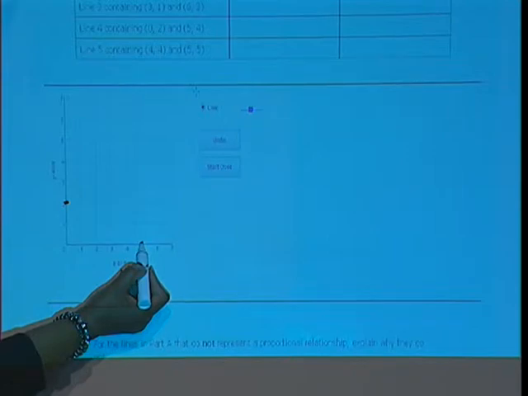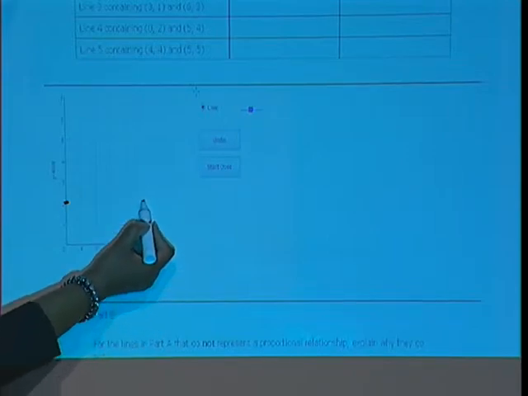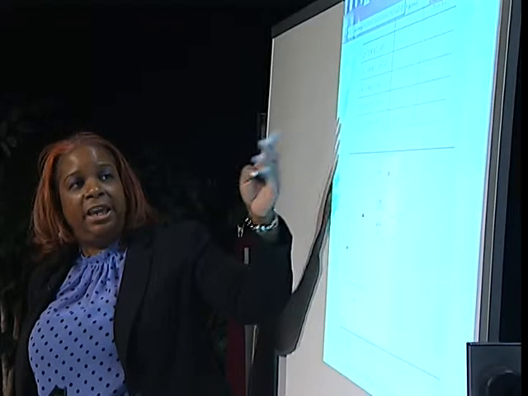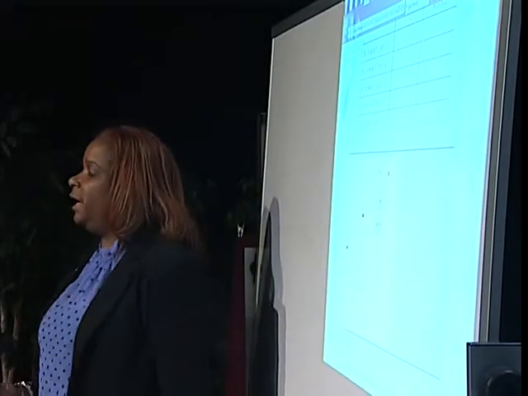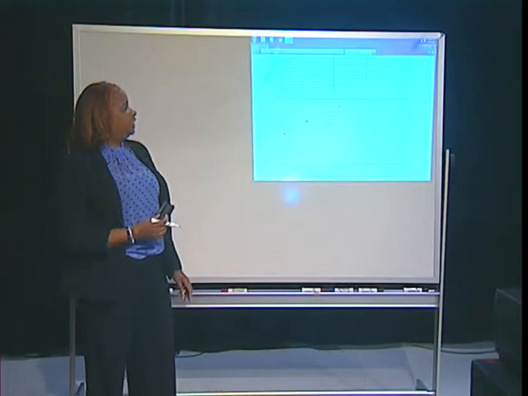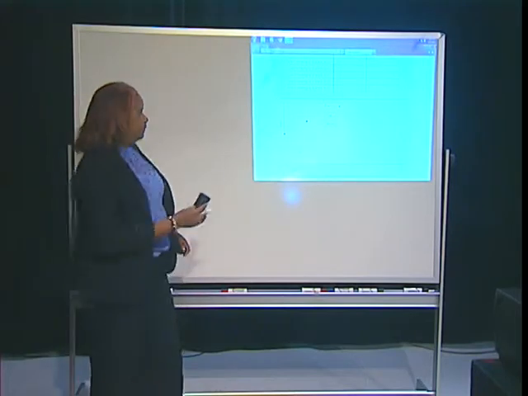Then we are moving up 4 places. 1, 2, 3, 4. When I plot that point, you can see that it does not pass through the origin. So this is again another way that we can tell the proportional relationship and know this is not a proportional relationship. Now let's look at 5.